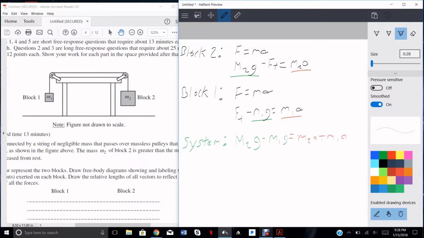We can further simplify this by taking the components of A, and we get m2g minus m1g equals A times mass 2 plus mass 1.